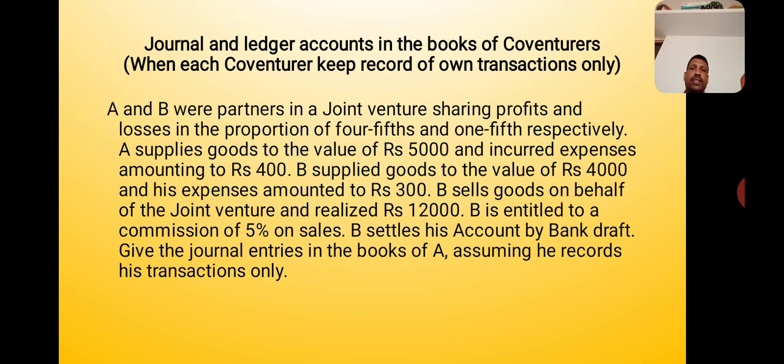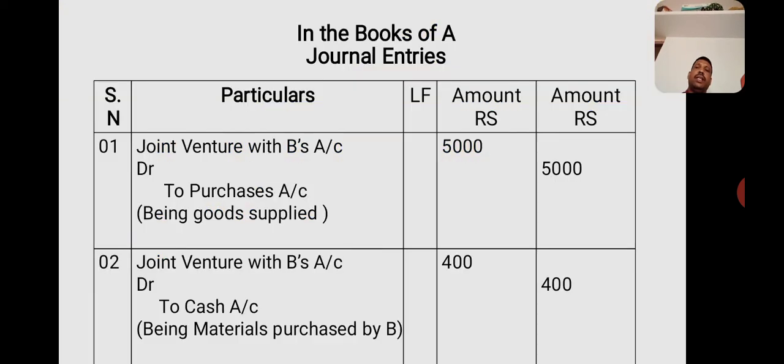And then B settles his account by bank draft. So here we have to pass the journal entries. With regard to the transactions affected by A, joint venture with B's account debit to purchases account, because A supplied the goods to the joint venture worth rupees 5,000. Hence the joint venture account should be debited.